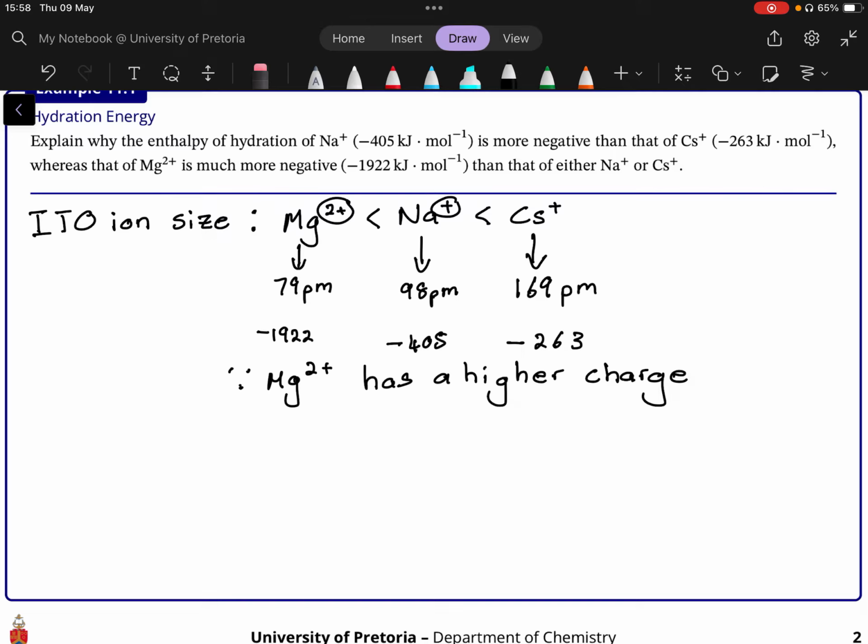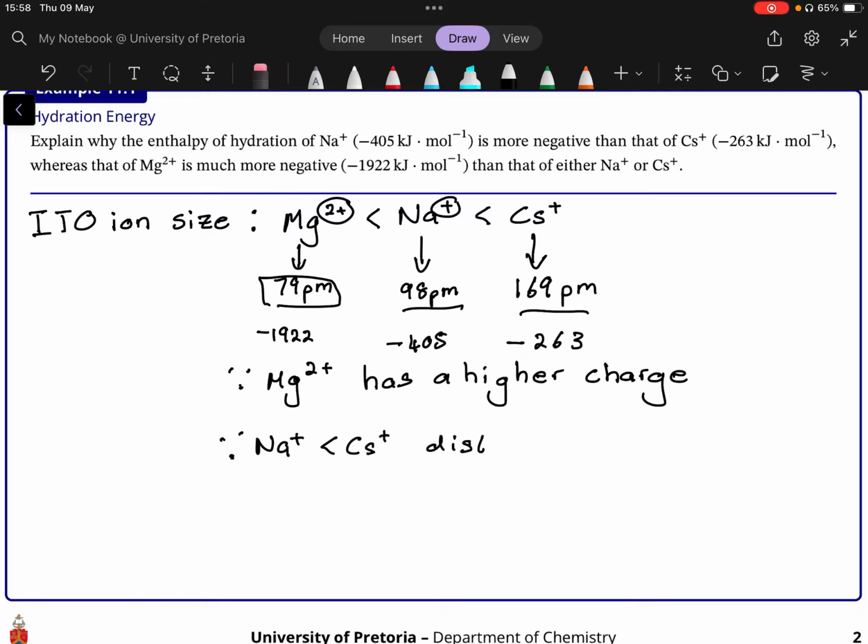And then, why specifically does sodium have a larger enthalpy of solvation compared to cesium? The reason in this case is the size. Magnesium outweighs in all options, since it's 2+ and it's the smallest, but sodium is smaller than cesium.